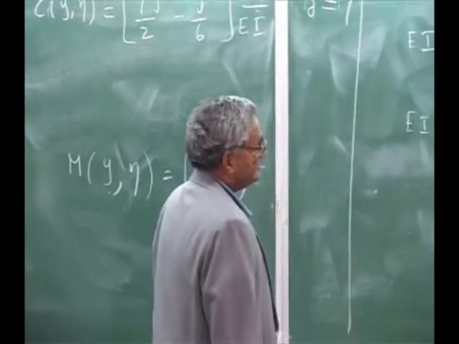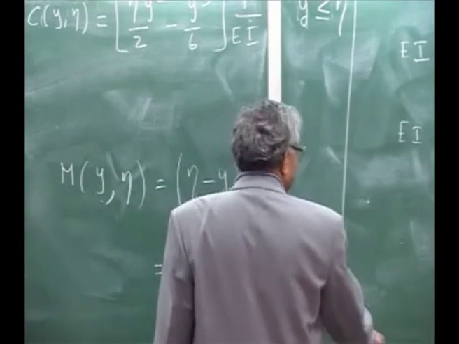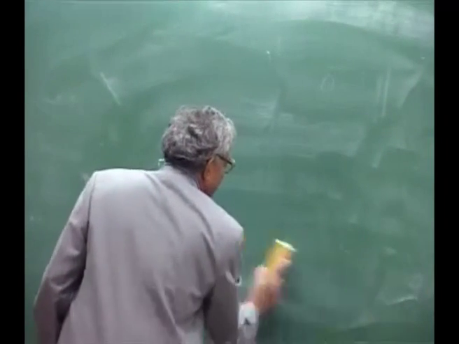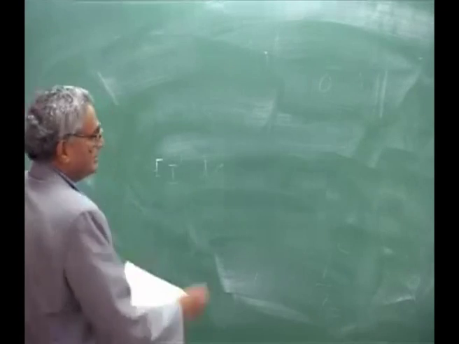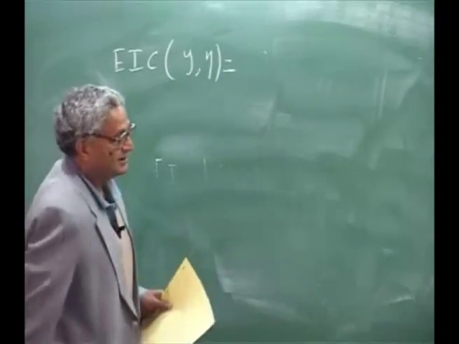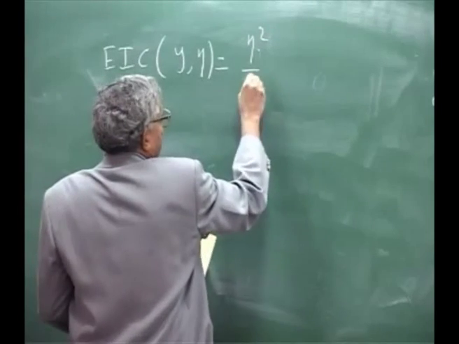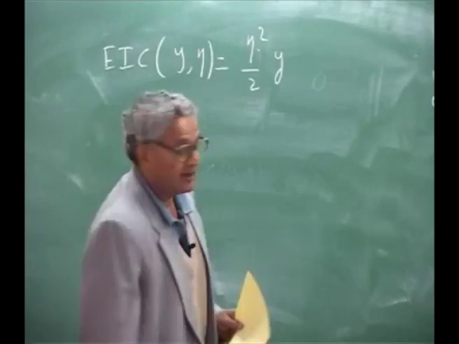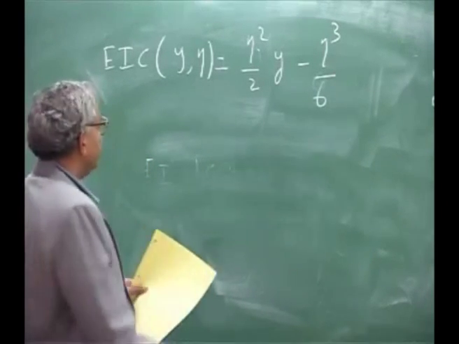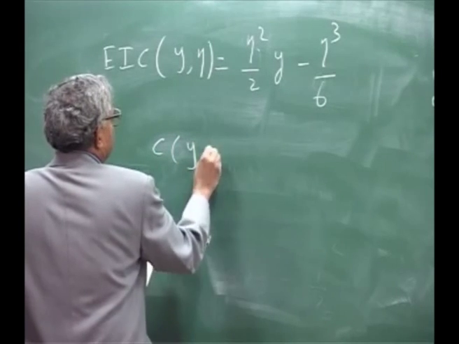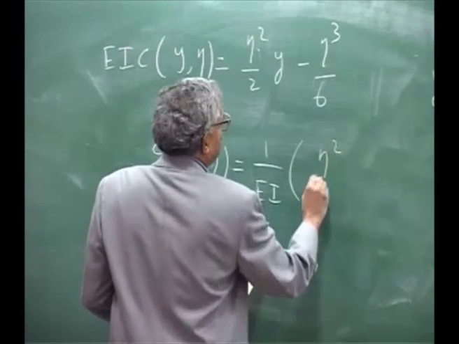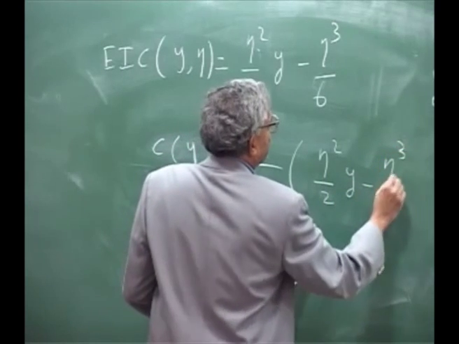Now you can write your function. Maybe I again go here and erase the whole thing. You will have EI C y comma eta is eta square over 2 y, A4 is minus eta cube by 6. Otherwise I can write C y comma eta is 1 over EI, eta square over 2 y minus eta cube over 6.